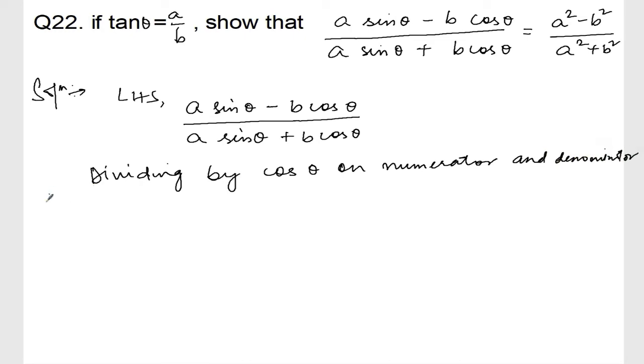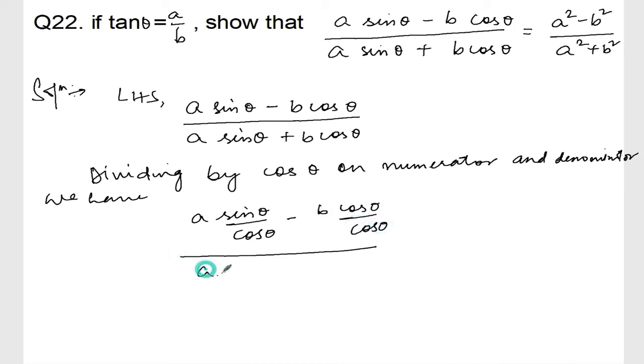We have, if you divide by cos theta, a sin theta divided by cos theta minus b cos theta divided by cos theta, divided by a sin theta divided by cos theta plus b cos theta divided by cos theta.